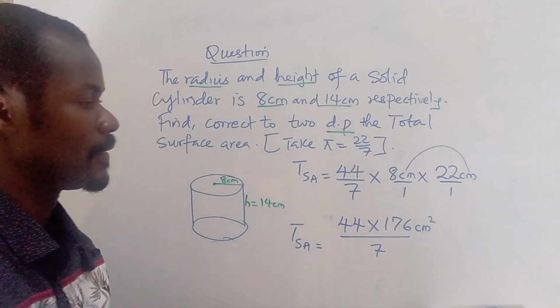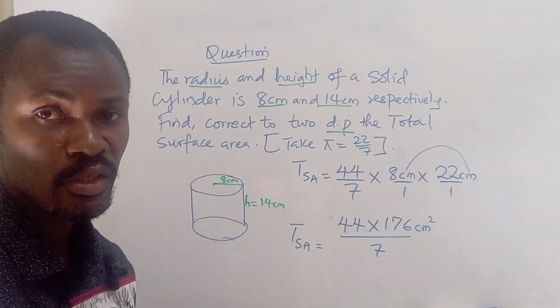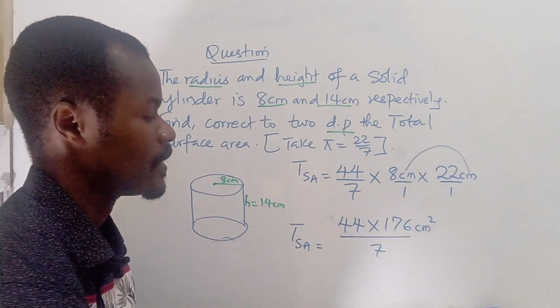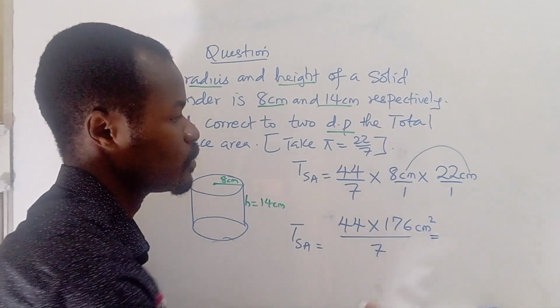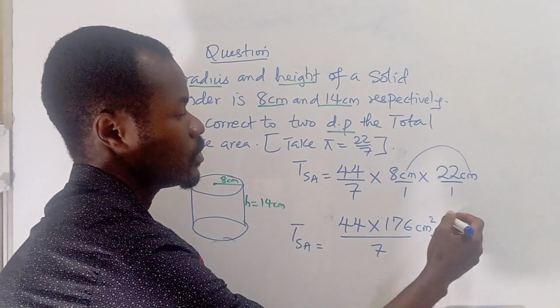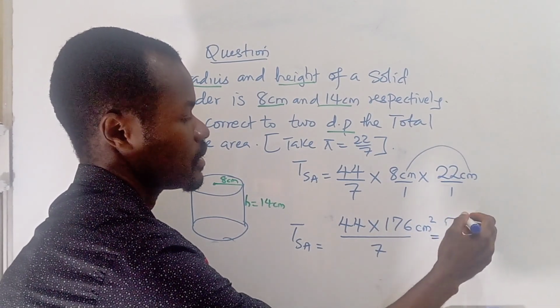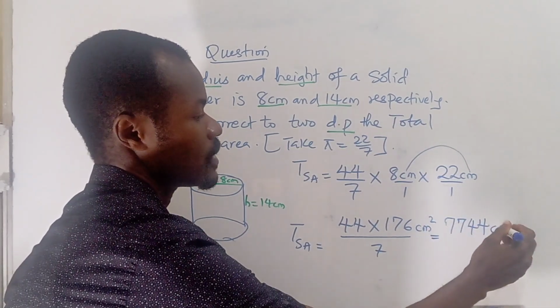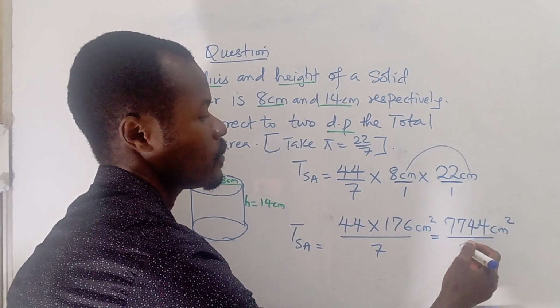Now that we have gotten this, we need to multiply the numerator and see what that gives us. If we multiply the numerator, 44 times 176, we have 7,744 centimeter square divided by 7.